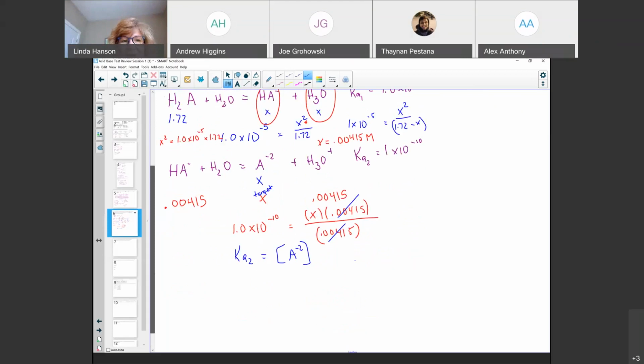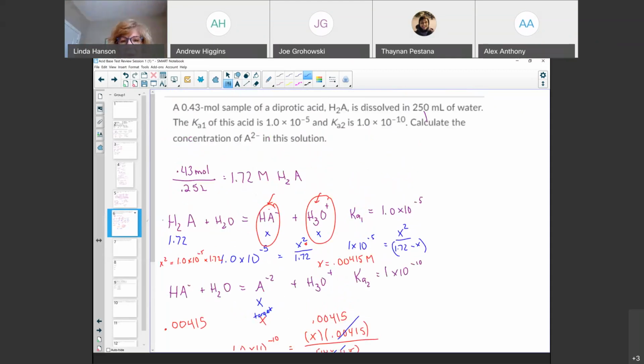When I see this type of problem, I'm looking at a diprotic acid and trying to find the concentration of the anion in the second ionization. I don't even need to do any math, my friends. It's as easy as saying, I know the answer is going to be Ka2.